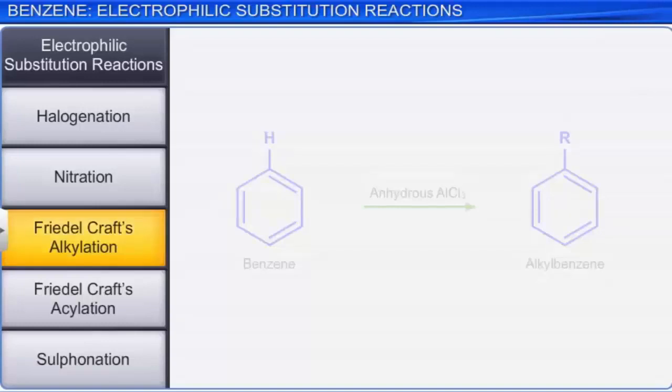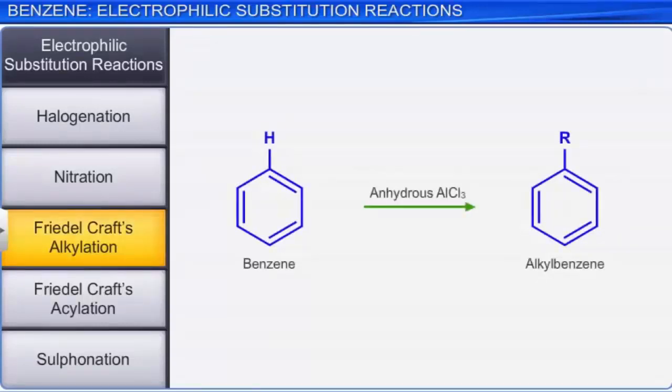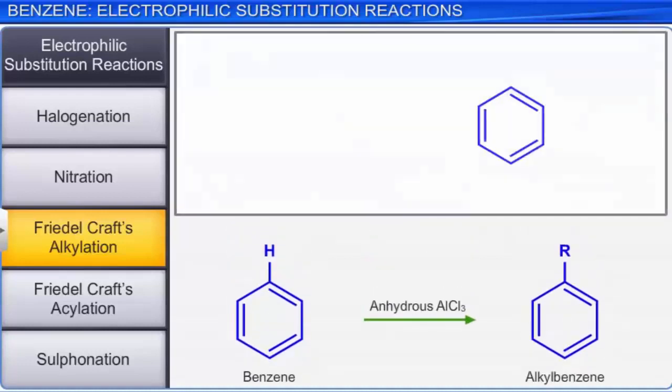Now let's look at the Friedel-Crafts alkylation reaction. When the hydrogen atom in a benzene ring is replaced by an alkyl group, it is known as alkylation reaction. When benzene is treated with alkyl halide in the presence of anhydrous aluminium chloride, it forms alkyl benzene.